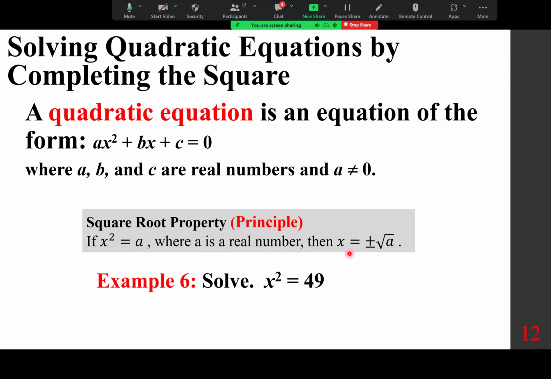For example, x squared equals 49, x is plus minus 7. So that's pretty straightforward, everybody. This is one of those principles.